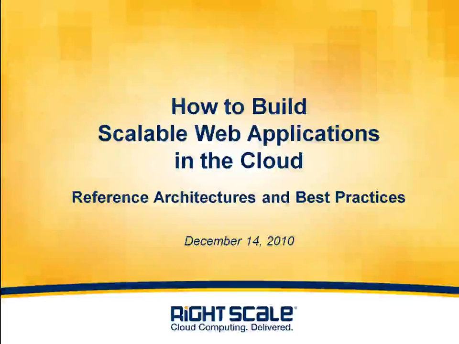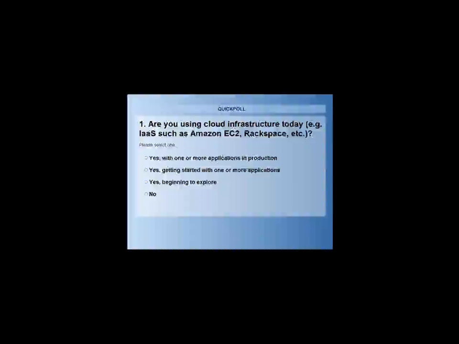Before we get started, we're going to launch a couple of polls to get some feedback from you, our audience. Let's get started with the first one. We'd like to know if you're using cloud infrastructure today. That would be infrastructure as a service tools such as Amazon's EC2 or Rackspace. Just choose one.